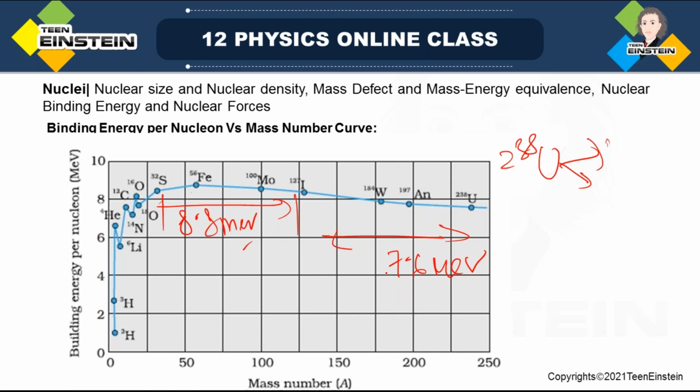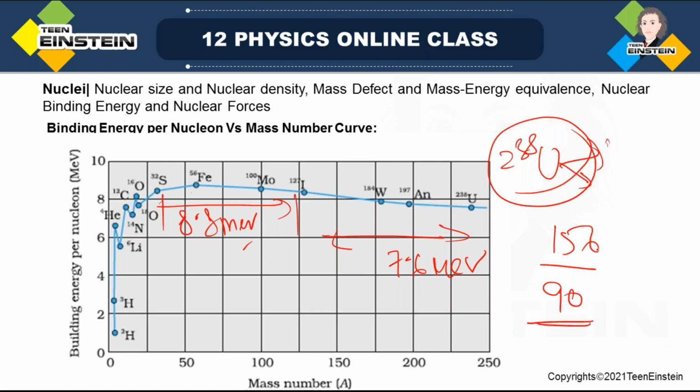Then those daughter nuclei have greater binding energy than the uranium itself. Why?